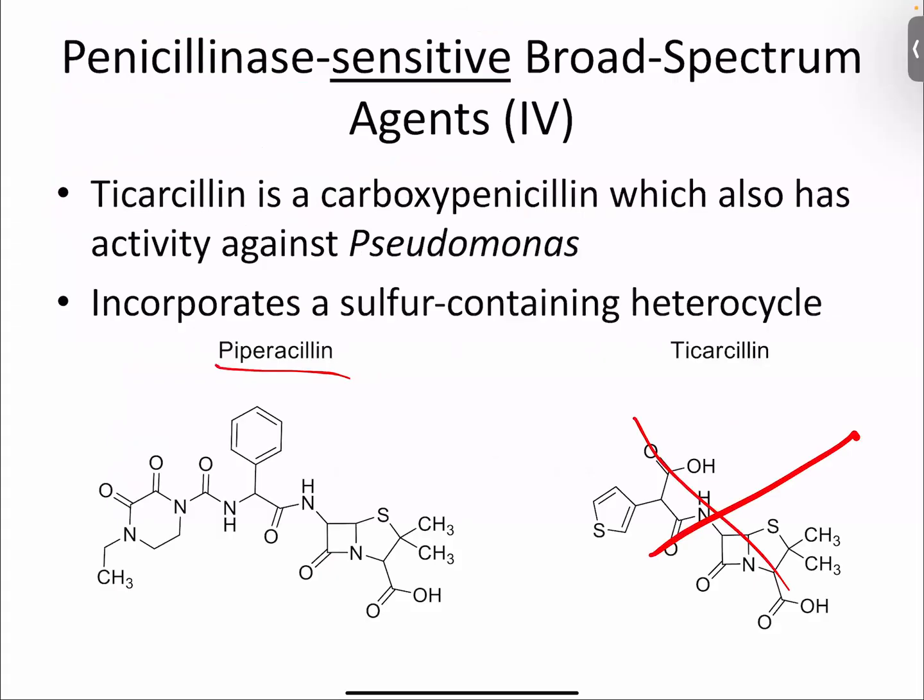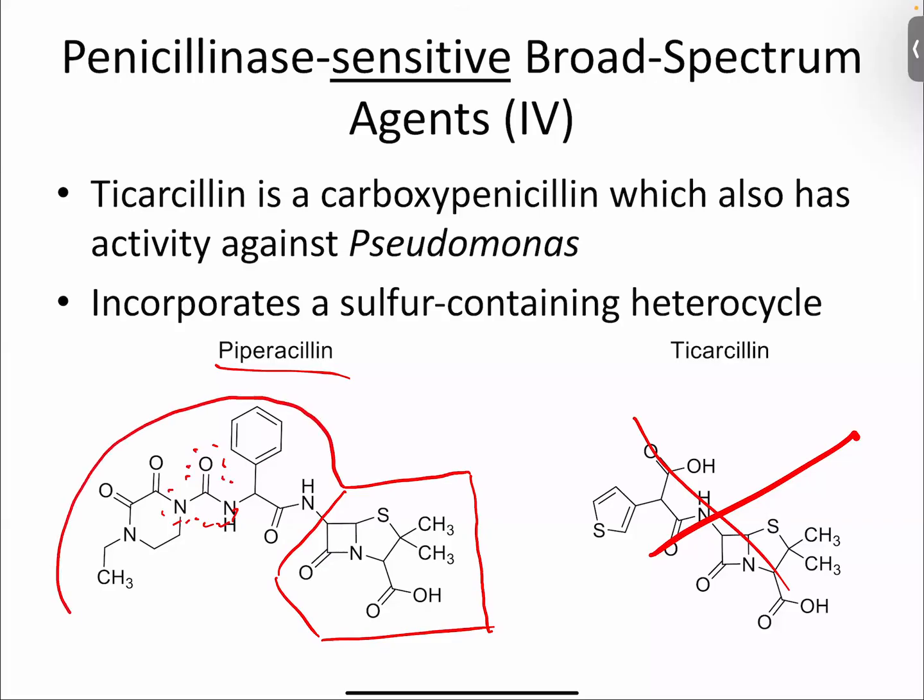Here is piperacillin. Here's the urea that I was making mention of. So this is the classical pharmacophore that you see with the penicillins. And then you have this rather large side chain coming off that sixth position. I mean, look at that. That's pretty extensive.